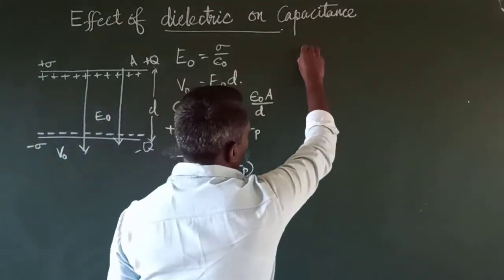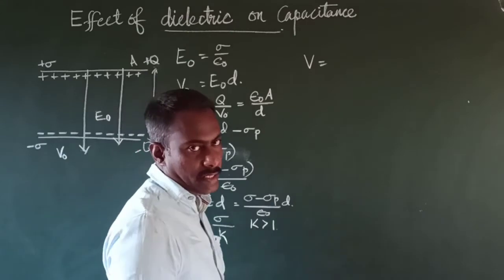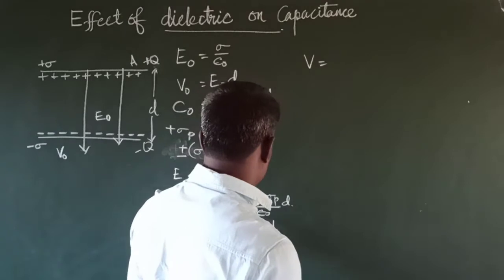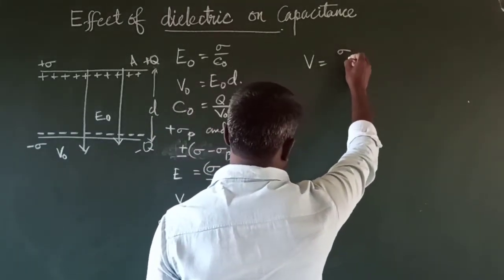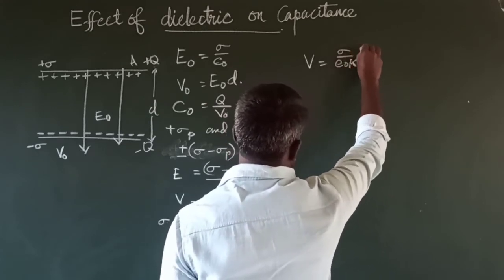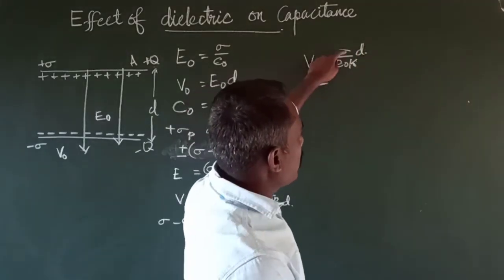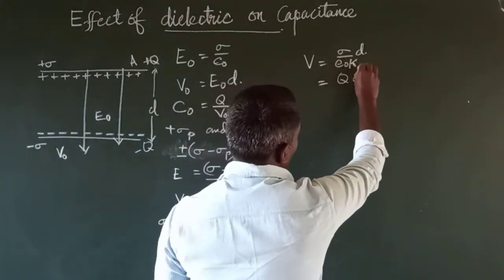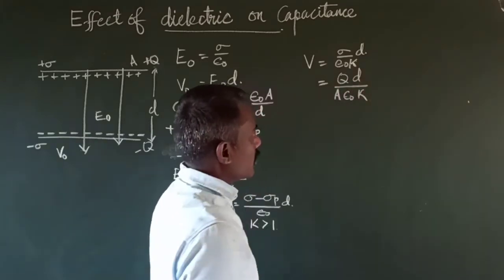The potential difference V, in terms of the dielectric constant, can be rewritten as sigma divided by epsilon 0 into K, into D. Substituting the value of sigma, where sigma is equal to Q by A, we get Q into D divided by A into epsilon 0 into K.